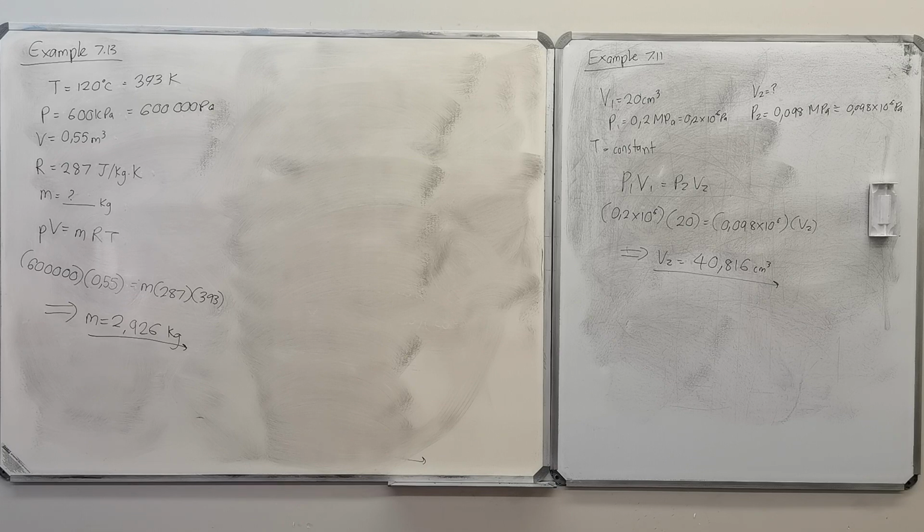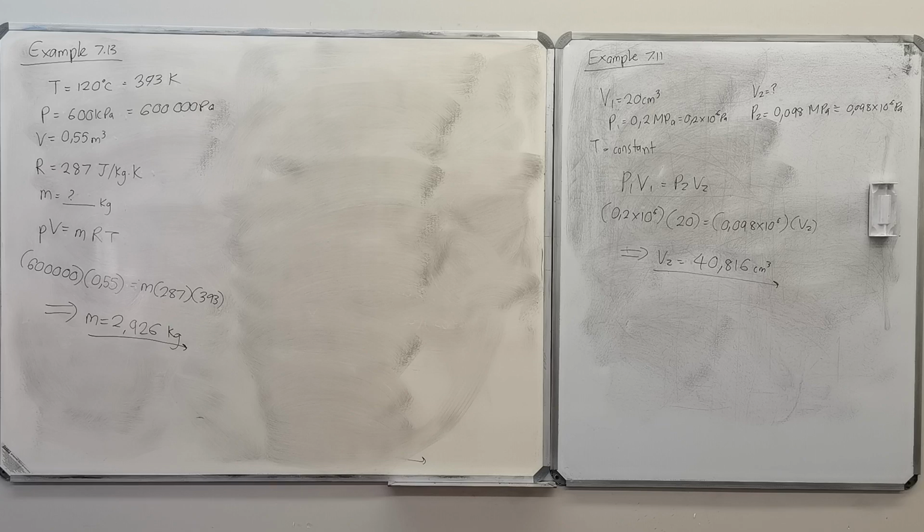Okay, let's use those numbers instead. Say they gave you a volume of a certain gas of 0.55 meter cubed at a pressure of 600 kPa and a temperature of 120 degrees Celsius. Calculate the volume when your pressure is increased to 800 kPa and the temperature is 120 degrees Celsius.